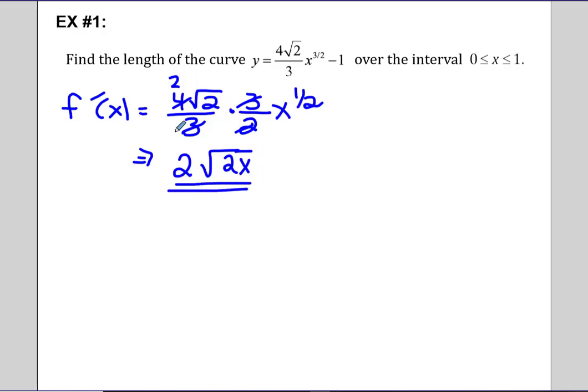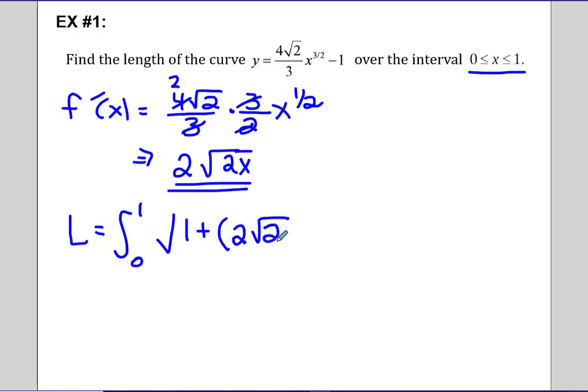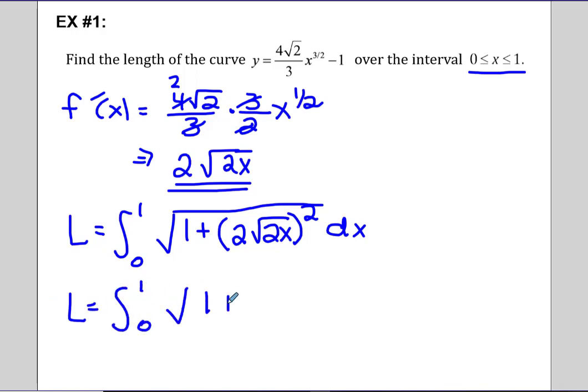So here's my derivative, and we want the arc length from 0 to 1, so we want the definite integral from 0 to 1, and the formula was 1 plus f prime squared under the radical dx. So our integral from 0 to 1 is going to be 1 plus 8x dx.